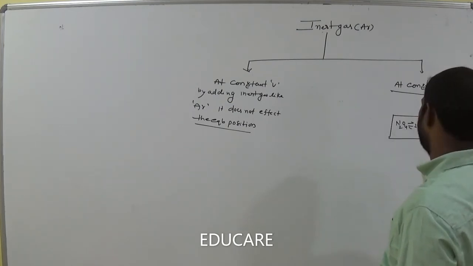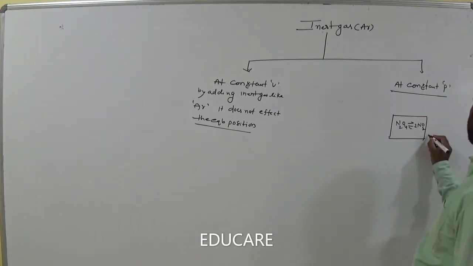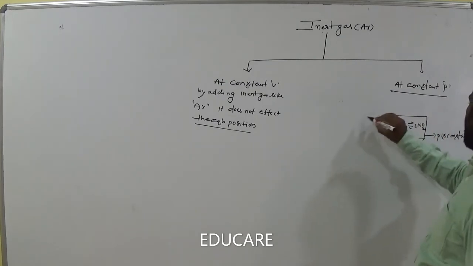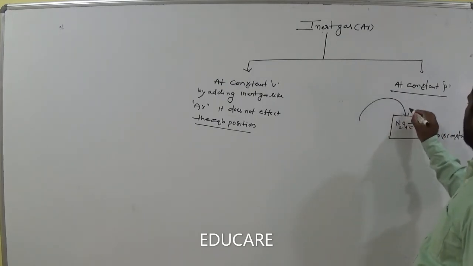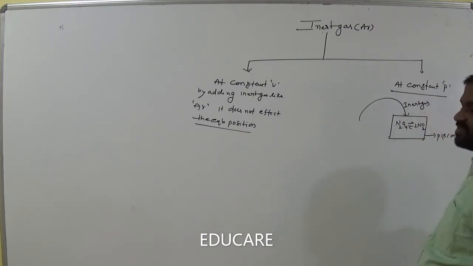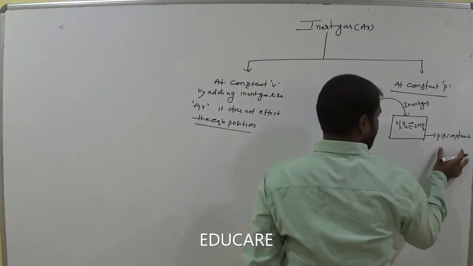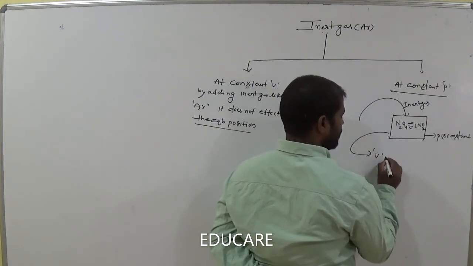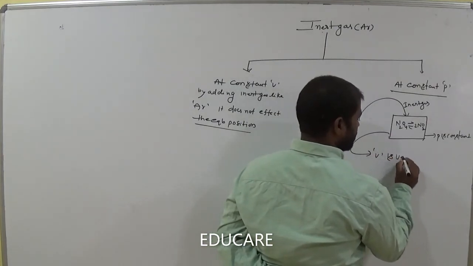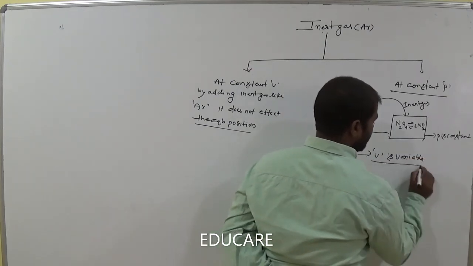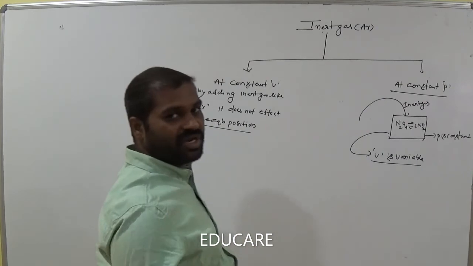This is the gaseous equilibrium reaction where P is constant. Remember this. Now we add some inert gas into this mixture. Only pressure is constant, am I right? But volume is variable.